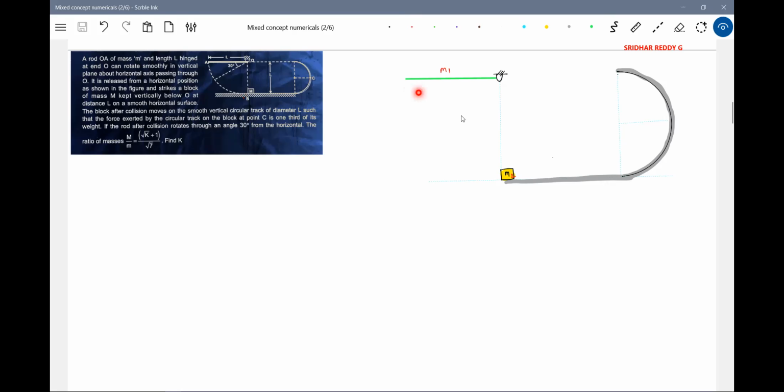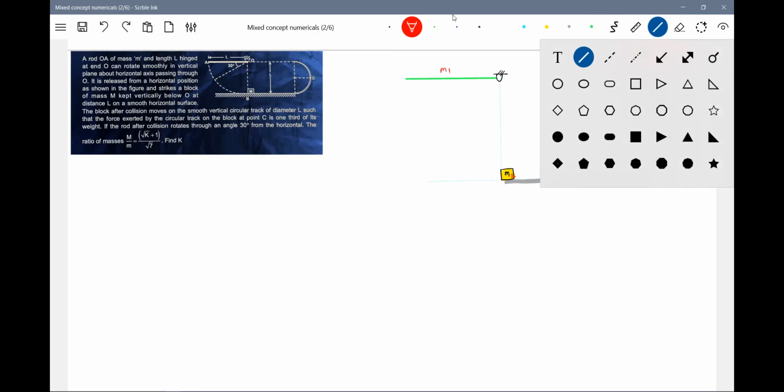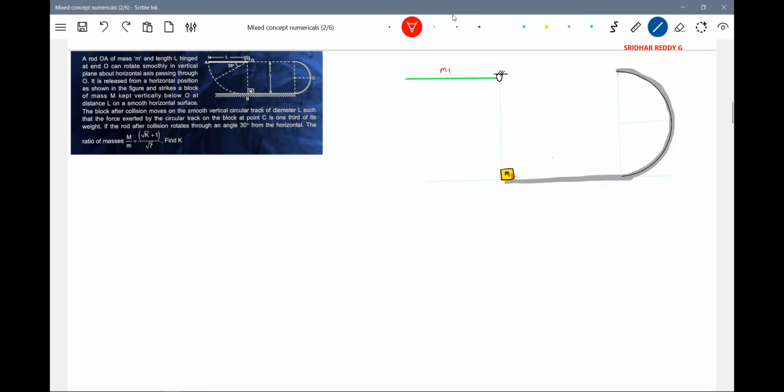So the rod, when it swings, it will come with an angular velocity. So when the rod comes to this position, it'll come and collide with an angular velocity. This will be very, very important.